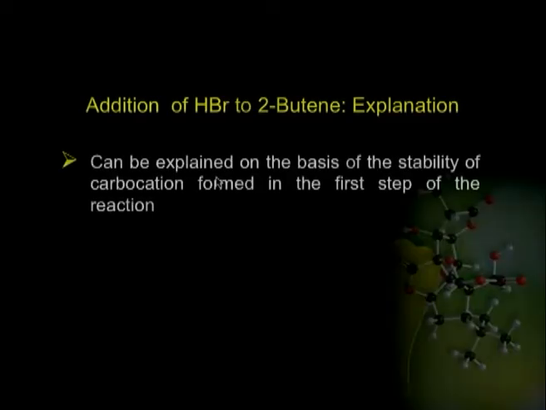And what is the explanation we give for the preferred formation, or the Markovnikov addition, of the hydrogen halide to alkene? This can be explained on the basis of the stability of the carbocation which is formed in the first step of the reaction.